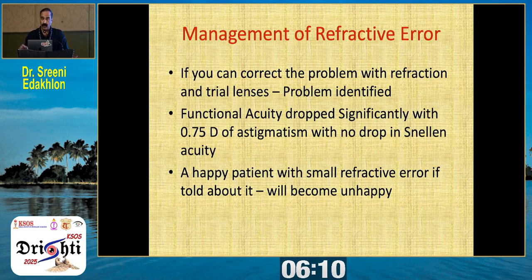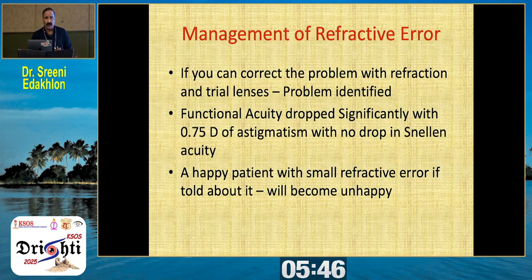Studies have shown, we talked about 0.5 diopter astigmatism, that if there is a 0.5 diopter astigmatism postoperatively, the functional visual acuity will be low. So that is something that you have to consider and manage. And unless you manage that, the patient will not be satisfied.